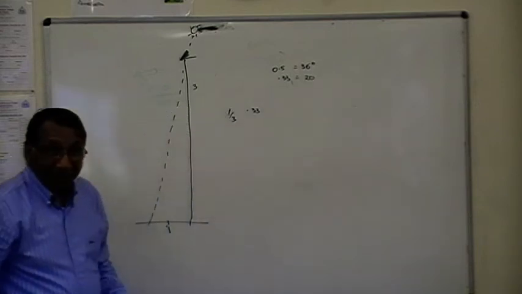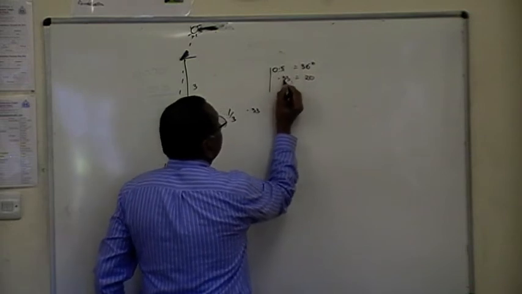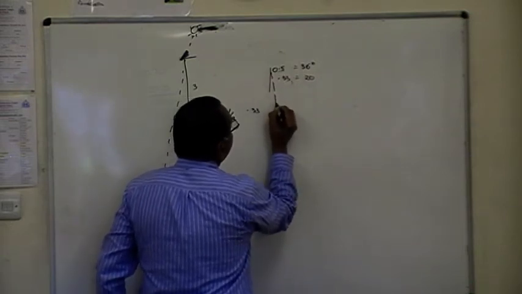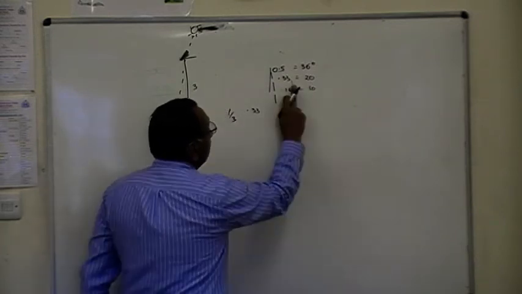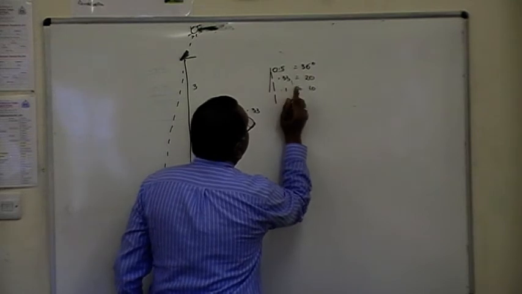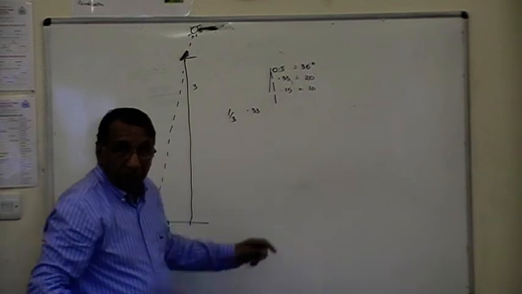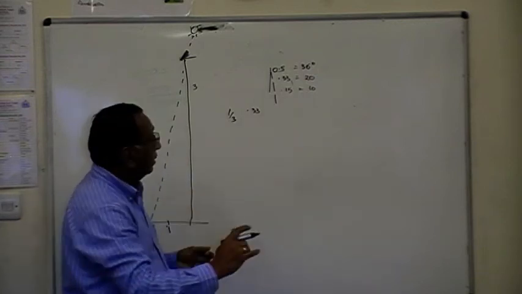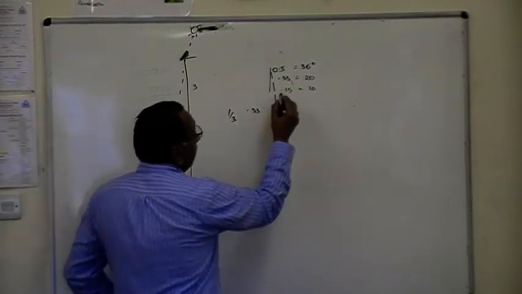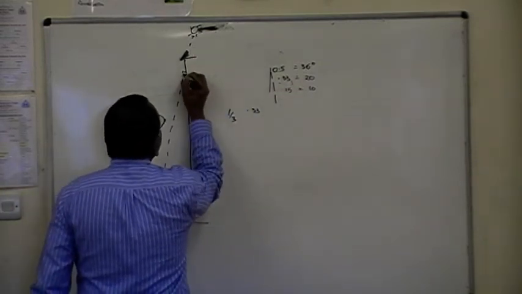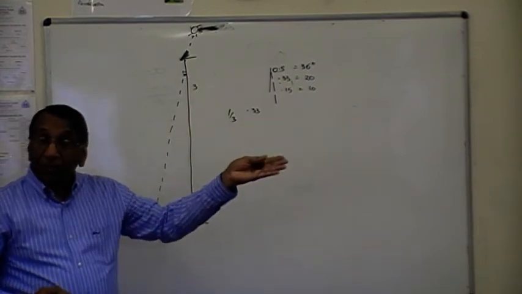A third of that is 10 degrees, which will be 0.16 something. So it means the sun is about 10-20 degrees south of us. This is how the experiment is done.